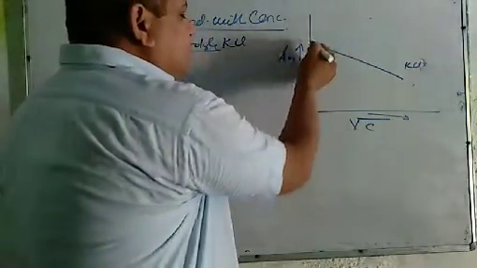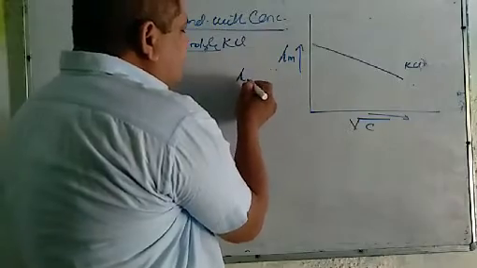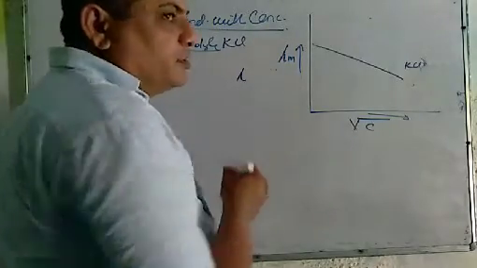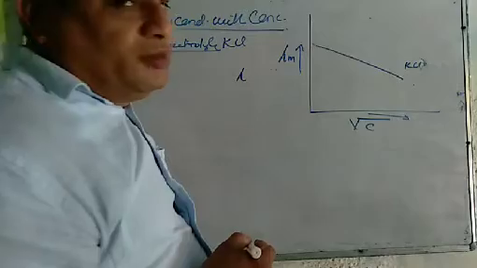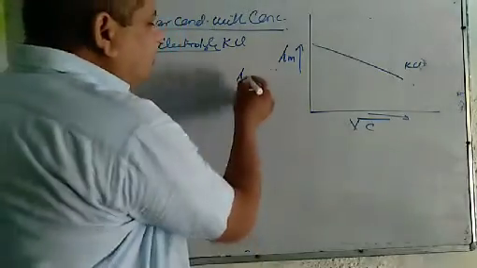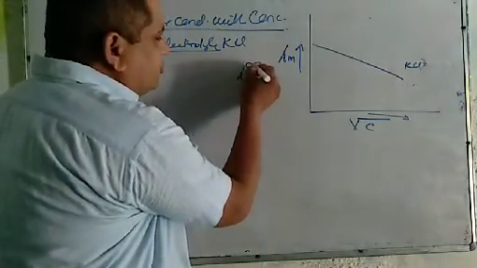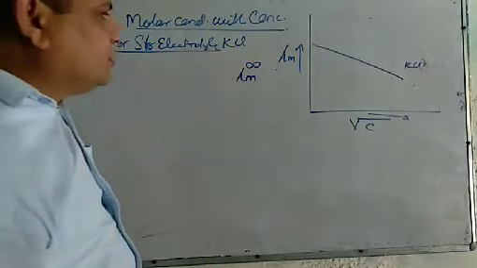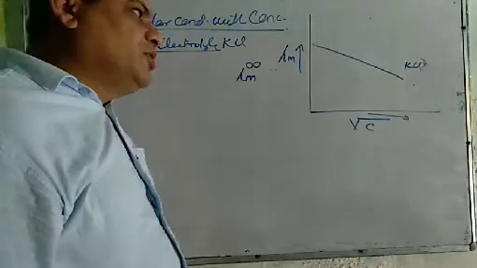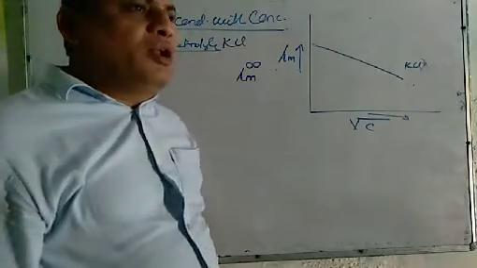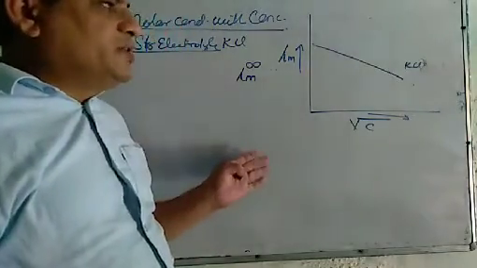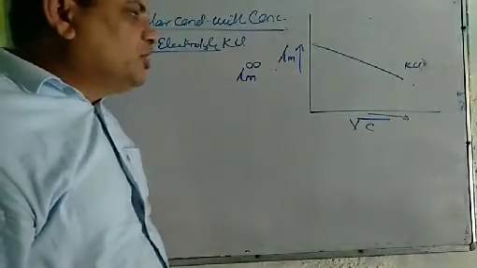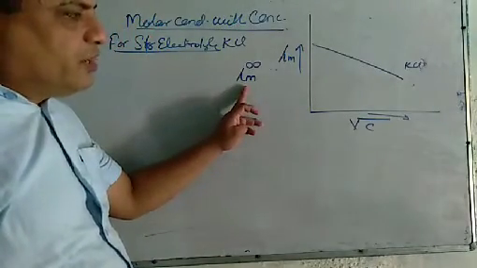At that condition, the molar conductivity is known as conductivity at infinite dilution and denoted by lambda m infinity. So we can say at any particular concentration, the molar conductivity is always less than its limiting molar conductivity, which is maximum.